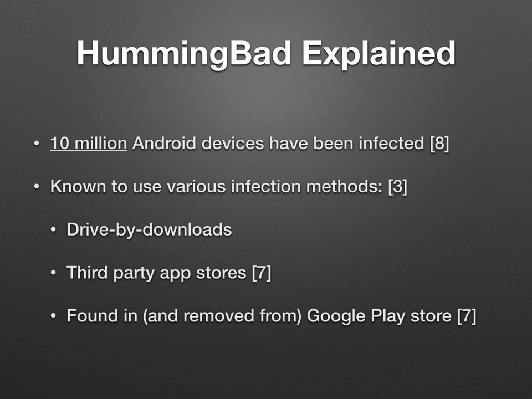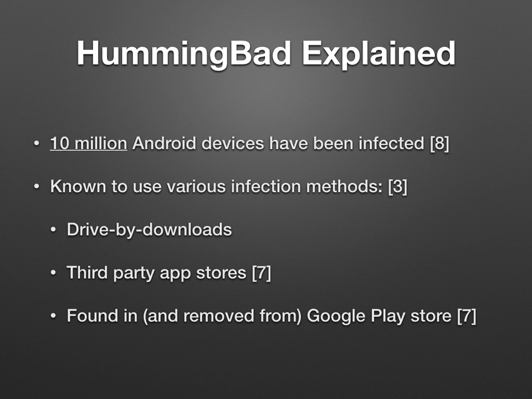Now, 10 million Android devices have been discovered, and there are some accurate metrics on that. It's known to infect in a variety of ways. One is drive-by downloads, so websites that have malicious scripts on them can infect, say, a phone. Third-party app stores, that's been documented, that Shidan malware has been found in those app stores.